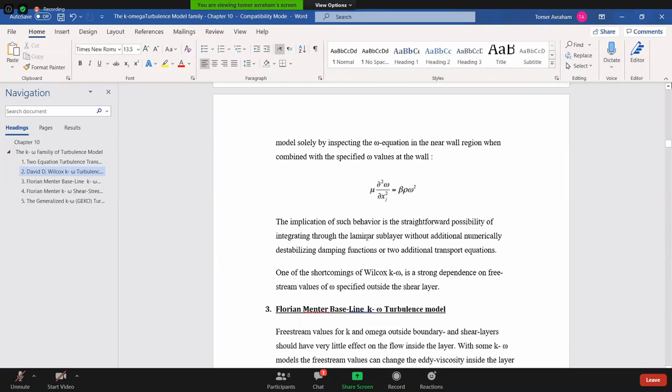So that's the difference between large eddy simulation and the Reynolds-averaged Navier-Stokes equations. And it's a huge difference because in large eddy simulation you have turbulent content until some level, of course, but you have turbulent content. In Reynolds-averaged Navier-Stokes, you don't have any turbulent content. All the turbulent content is inside the model. That's a big difference.